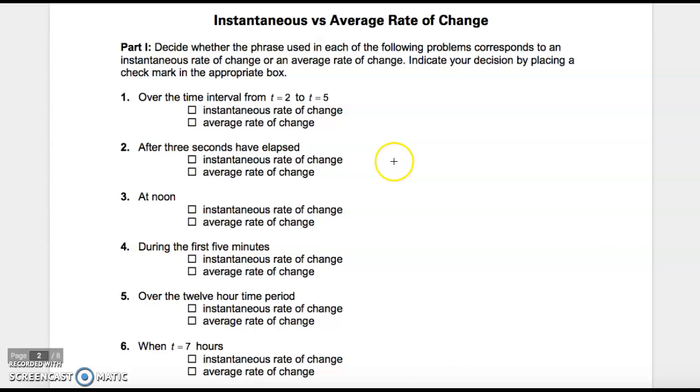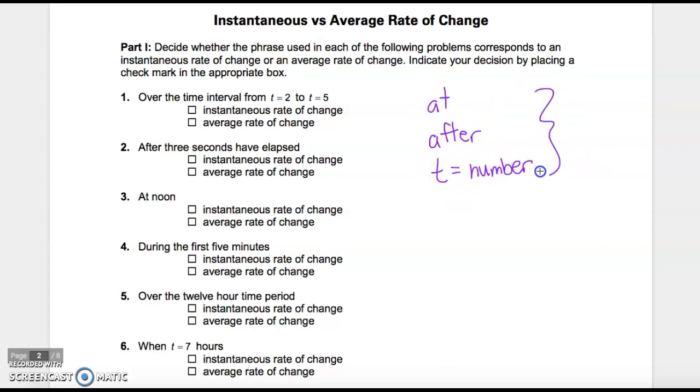First and foremost, instantaneous versus average rate of change. If you have an instantaneous rate of change, it's happening at a particular time, or it's happening after 2 hours, or when t equals a very specific number.